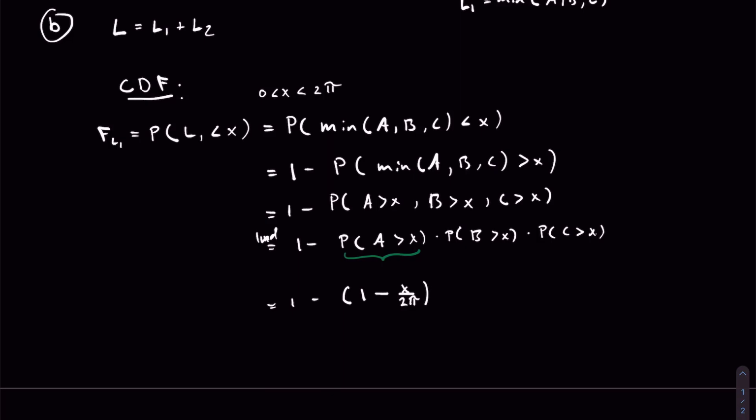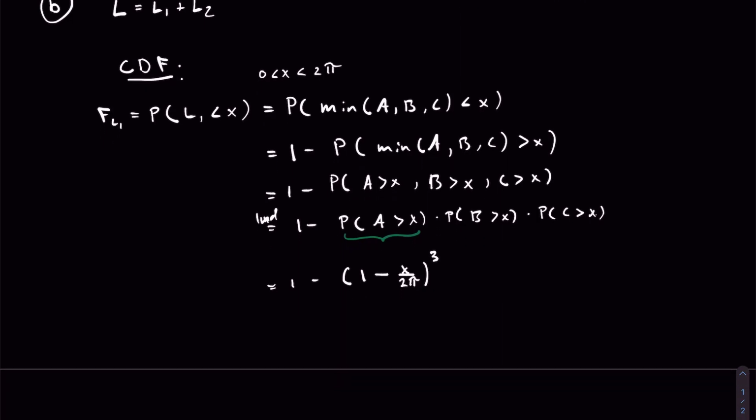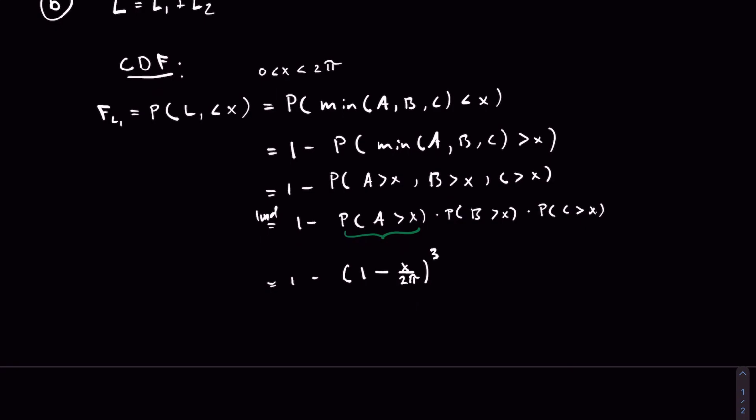And all of these terms are distributed in the same way, so we have the power of 3 here. Okay, and just to be clear, this term here comes from the fact that we have a uniform random variable.